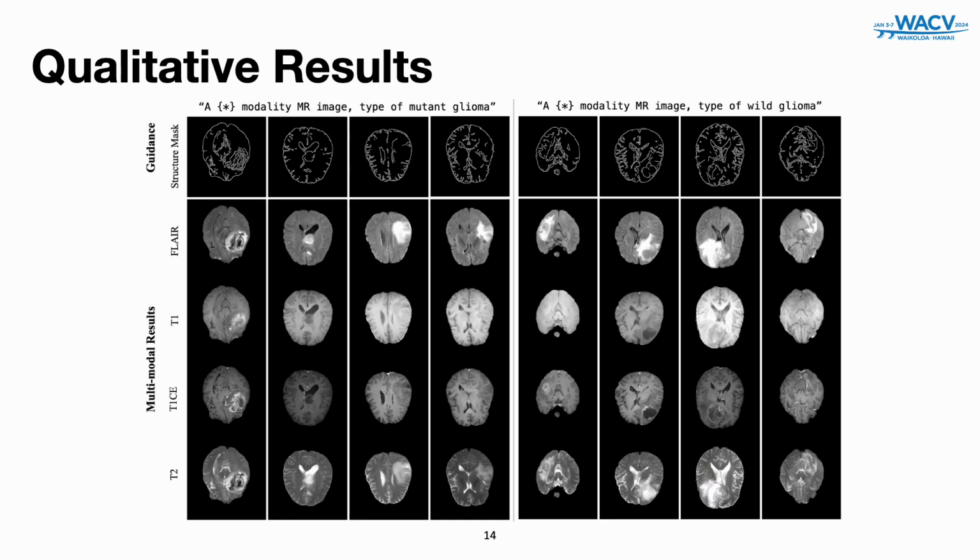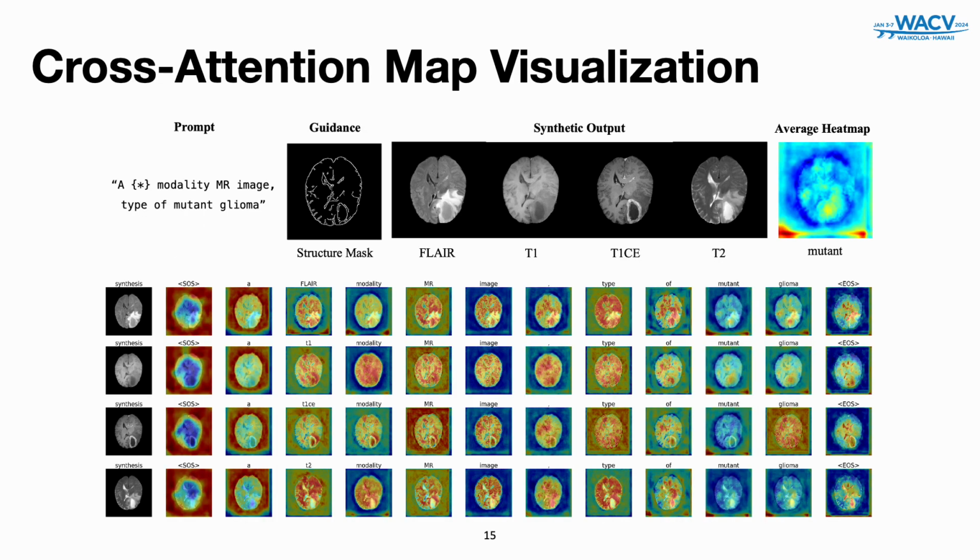Therefore, the output results are shown as follows. Visualization of the attention map displays text elements corresponding to synthetic outcomes. Along the y-axis, the map displays results of various MR modalities, including FLAIR, T1, T1CE, and T2.